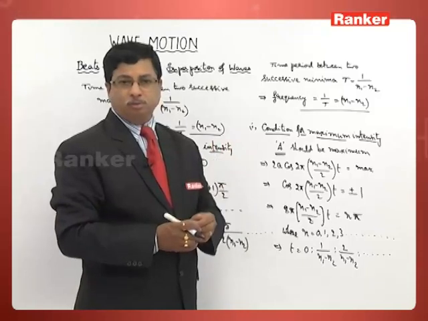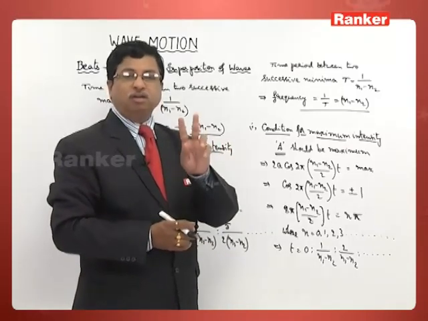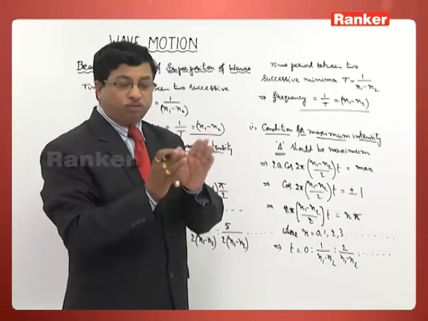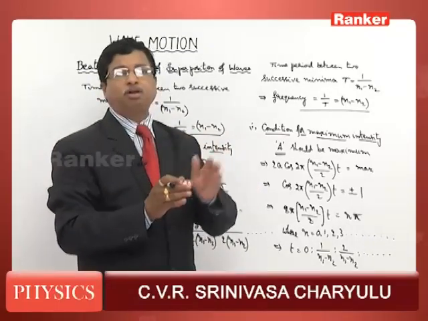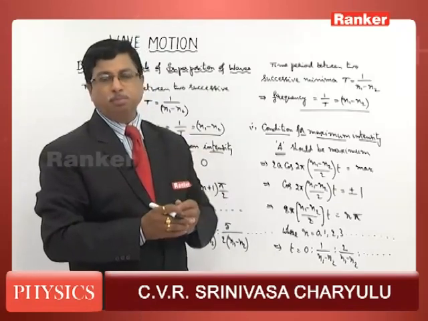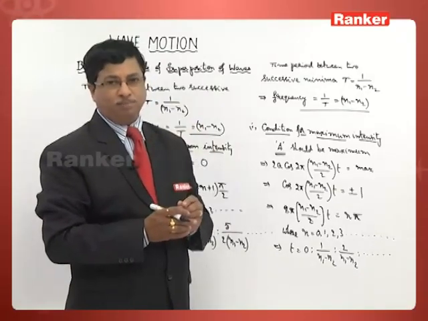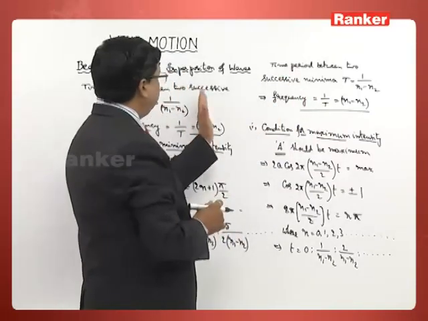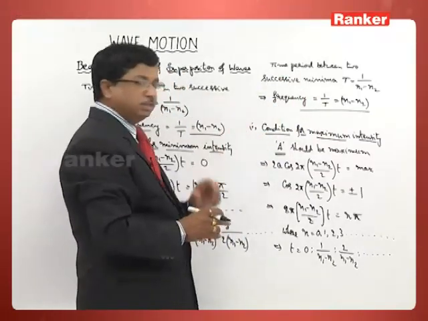What is that equal to? It is the same as the difference of the frequencies of both the waves which are producing beats after being overlapped or superimposed one on the other. This is the concept one has to remember as far as beat frequency is concerned.